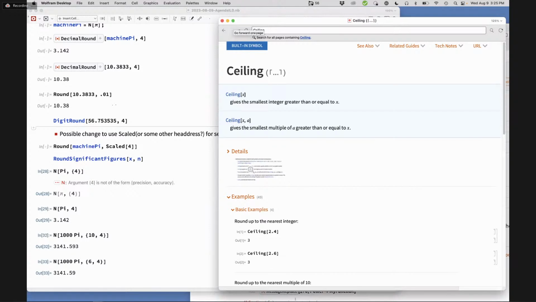But here we have the same problem with that second argument. So what would you want it to do? It would basically just round up the last digit to whatever precision. And down. So it's the usual problem with 5s, but otherwise.